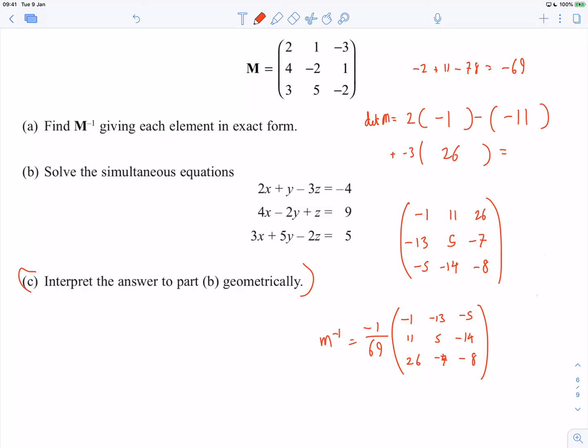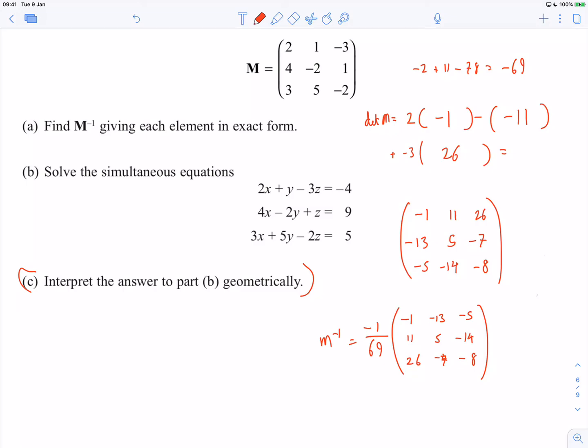Okay, let's have my 3 by 3. 2, 1, minus 3. 4, minus 2, 1. 3, 5, minus 2. And I want the inverse of that, so that's the power of minus 1.